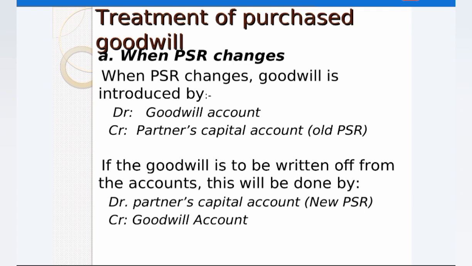Number one is when there is a change in the profit sharing ratio. So when the partners decide to change the profit sharing ratio, they will create goodwill, meaning goodwill will be introduced in the books of accounts by opening the goodwill account.